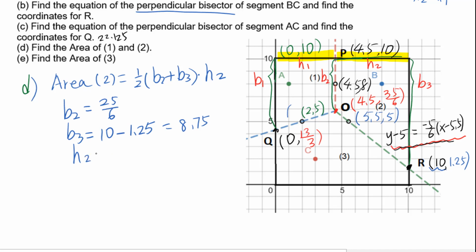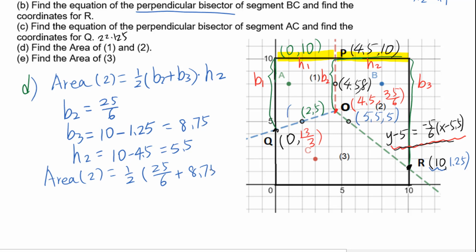For H2 equals 10 minus 4.5 equals 5.5. Therefore, area 2 equals 1/2 times (25 over 6 plus 8.75), then times 5.5. Go to calculator, you will get 1705 over 48.